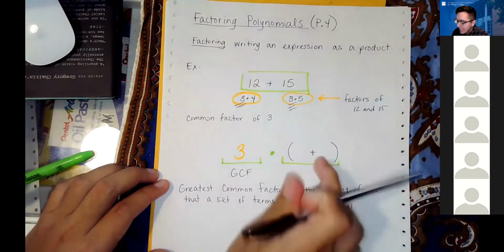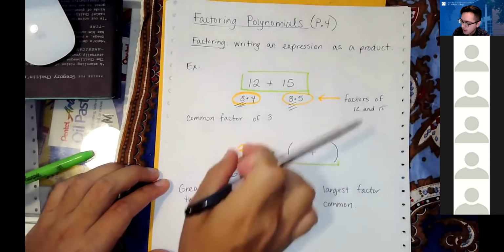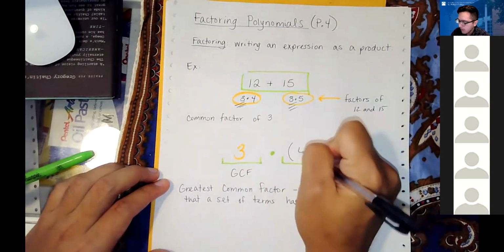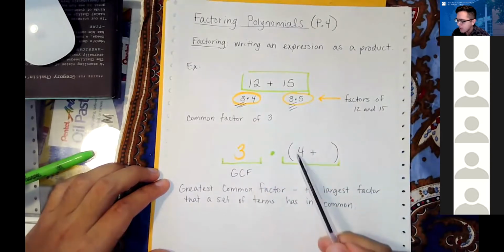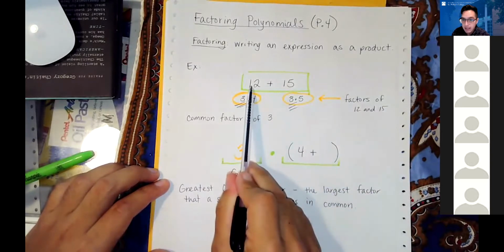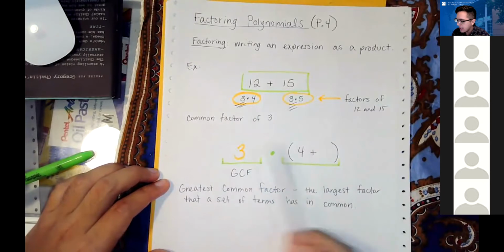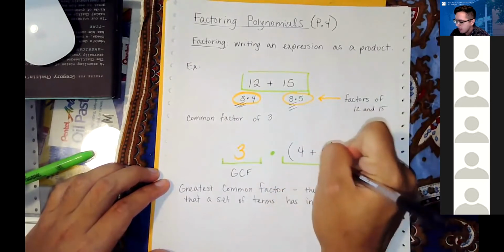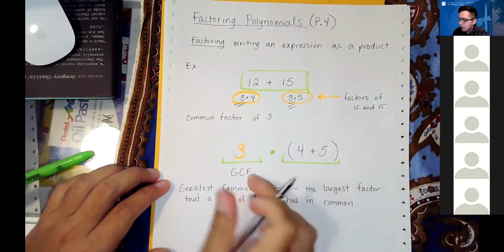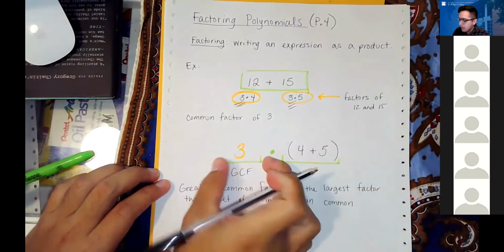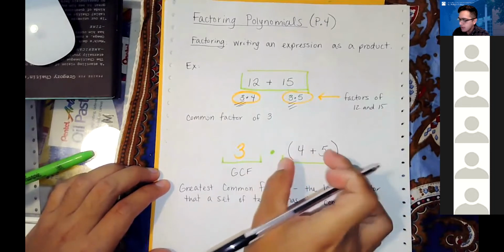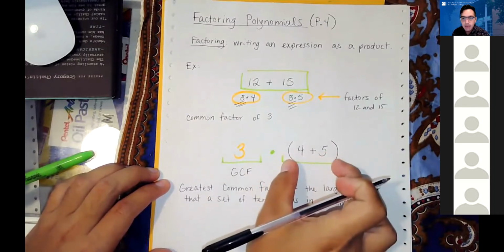Well, if I take out the 3 from this first term, then there's going to be a 4 left over. And that makes sense because 3 times 4 will give us our 12 back. 3 times something will give us 15, and that something has to be this 5. So now I have this greatest common factor being multiplied by this set of terms. These 2 terms no longer have anything in common.